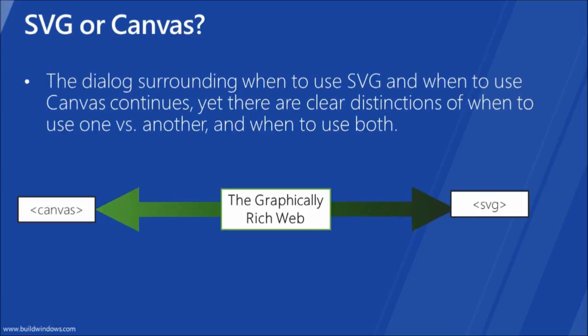And just to hit that point one more time, when we think about SVG, when we think about Canvas, we've heard this conversation of use this one, it's better, or use that one, it's better. But in fact, there's a reason why we did both, and we did both in one version, because there are appropriate scenarios to use those.